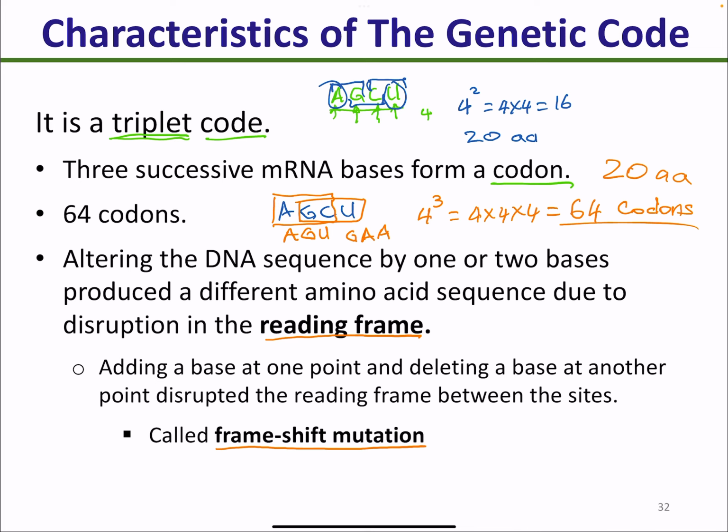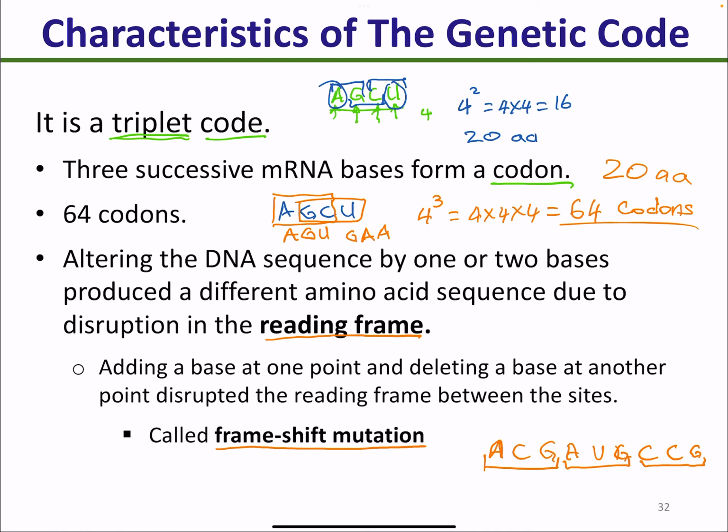Okay? That frame shift mutation means that you are just simply going to change the reading, right? For instance, if you have A, C, G, A, U, G, C, C here. So you have ACG, AUG. Let me add another nucleotide to make it fair. And CCG.